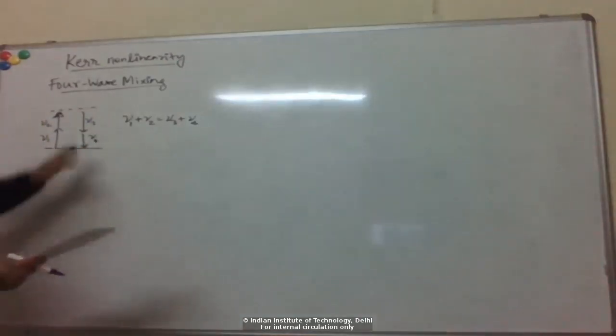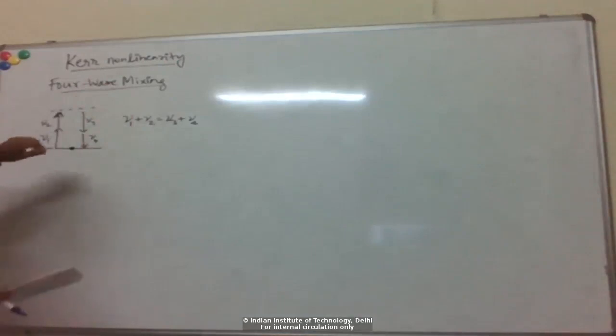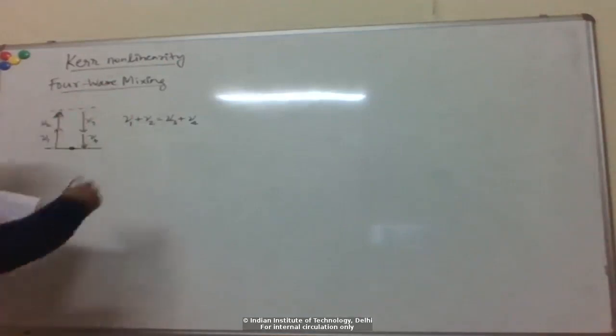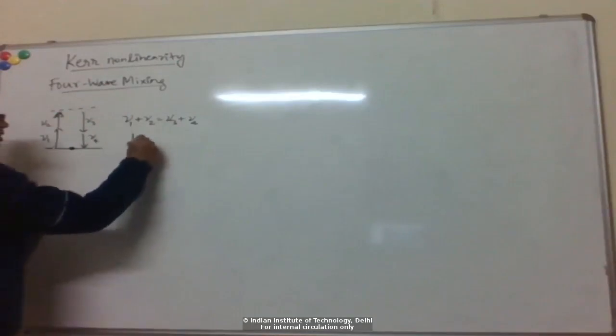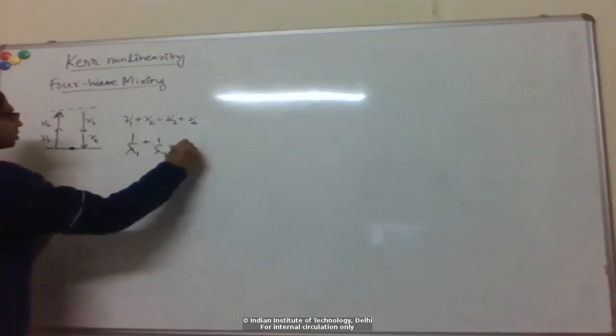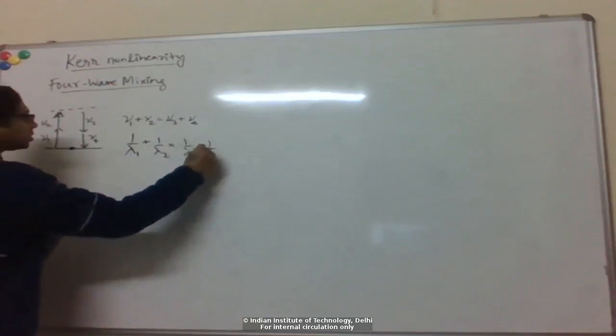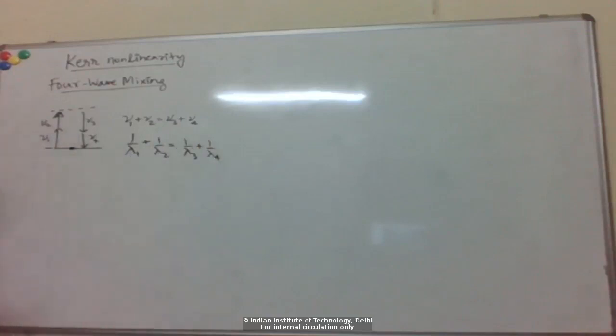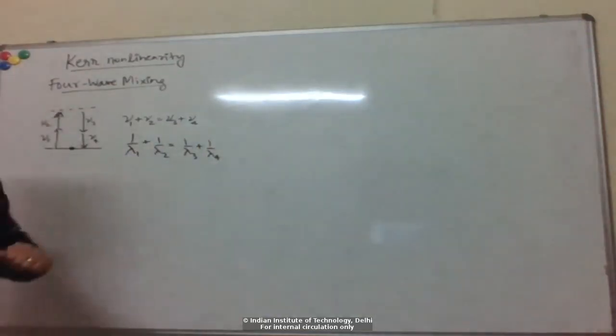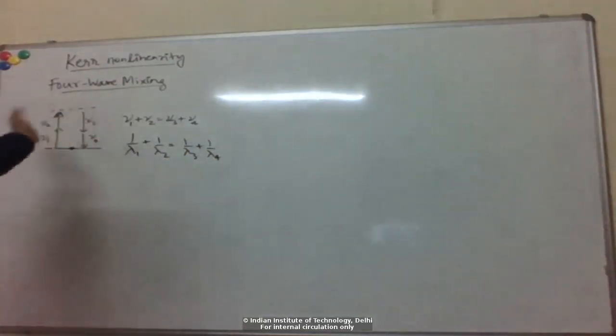Okay, so in general, this is the process, right? If you have four different frequencies or wavelengths like this, then in terms of wavelength the condition is this. Then you can have this kind of process happen, which can transfer energy between different frequencies.